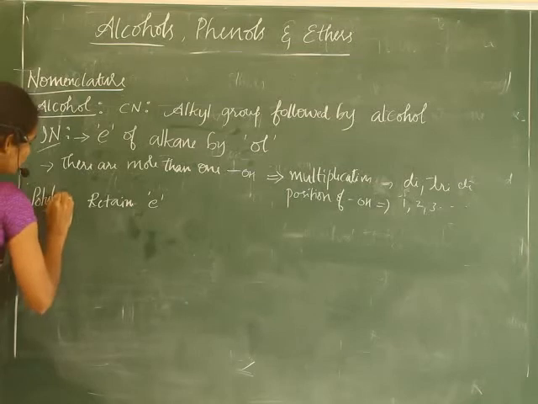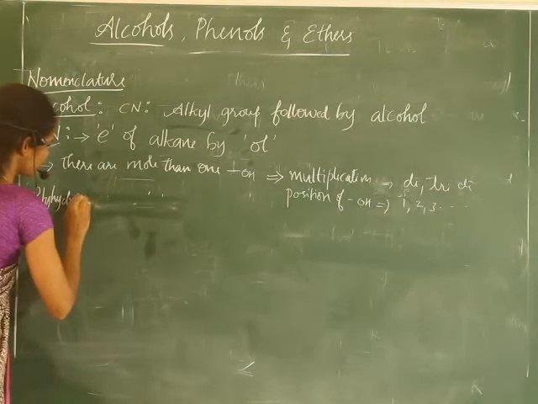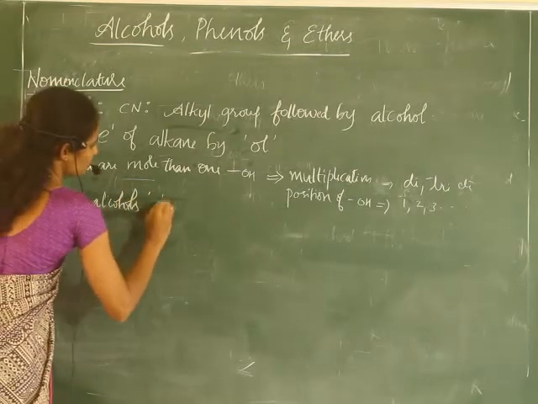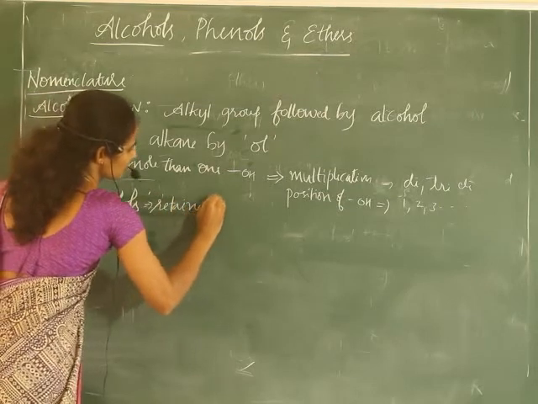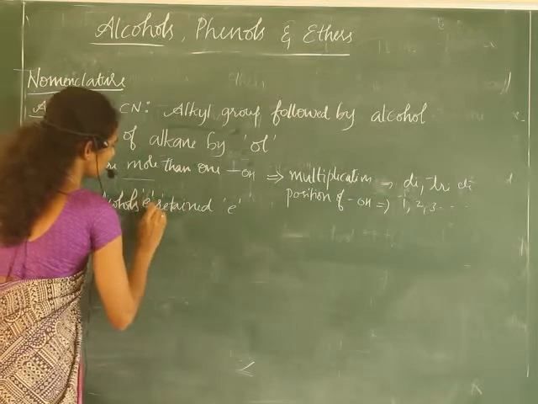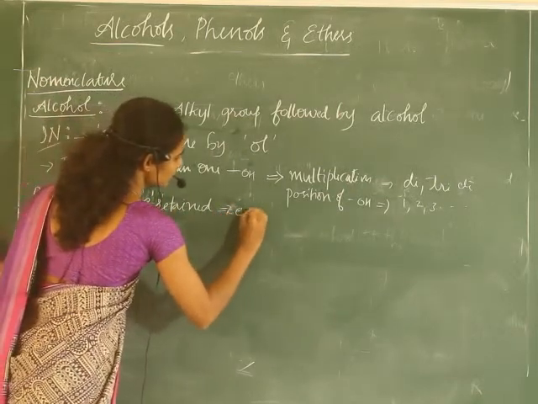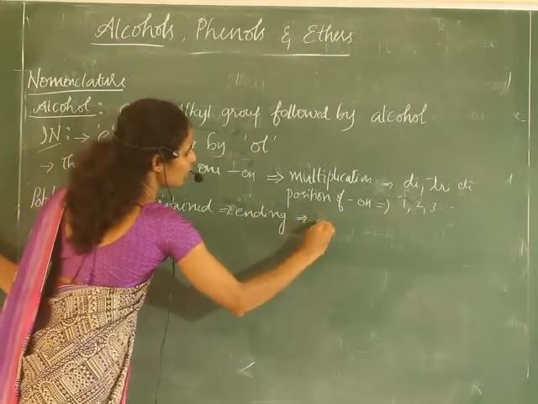Remember, in polyhydric alcohols the E is retained, and the ending is ol.